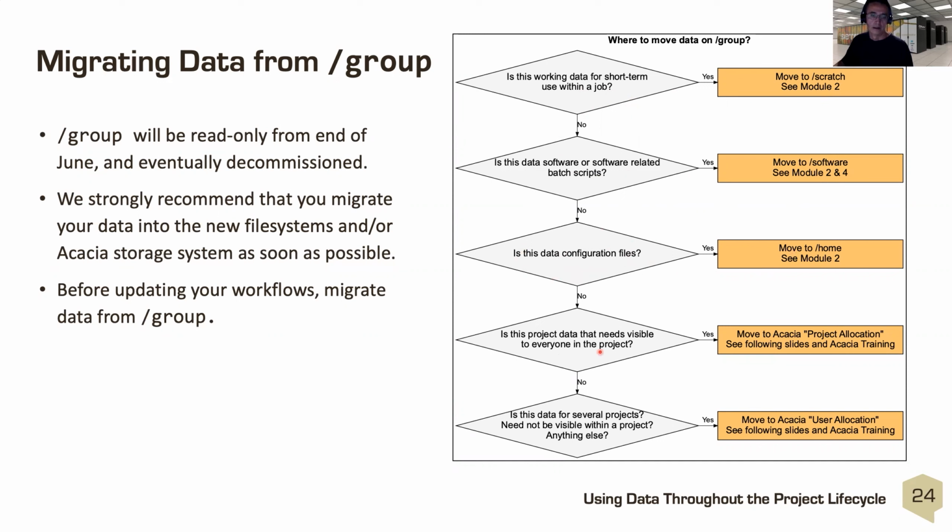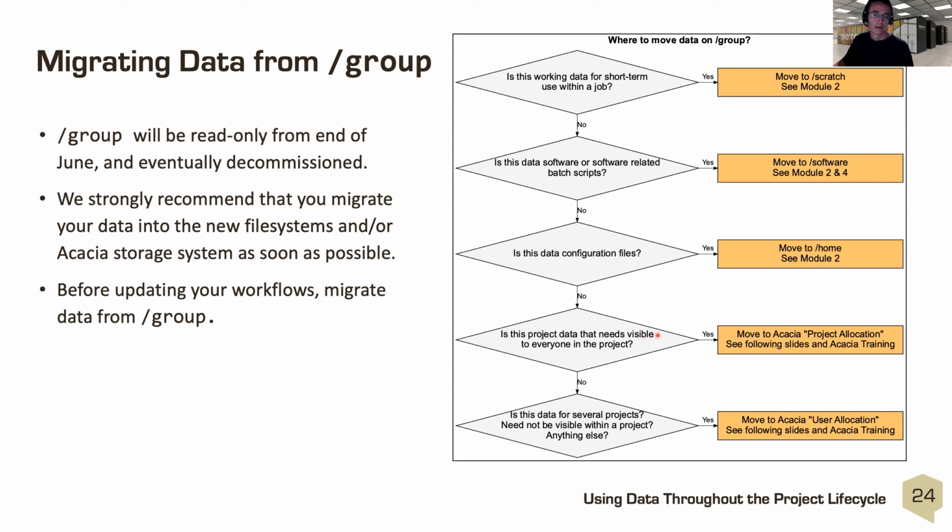And now here, if you have data that belongs to the project and the rest of the users in the project need to have access to it, you put it in the project allocation. As you saw, the project allocation is much larger than the individual allocation.